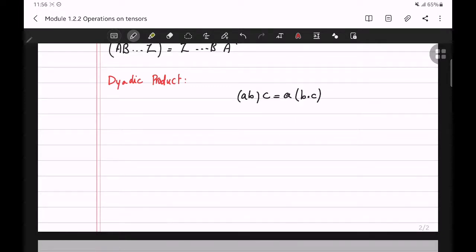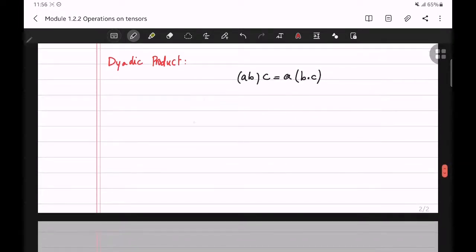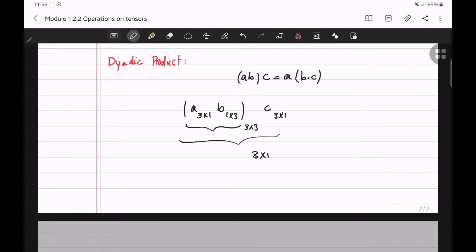And why is this definition true? If you have two vectors like here, a of, let's say, 3 by 1, and b, which is 1 by 3, this gives a tensor of 3 by 3. And if you multiply by a vector of 3 by 1, this finally gives you a 3 by 1 vector.